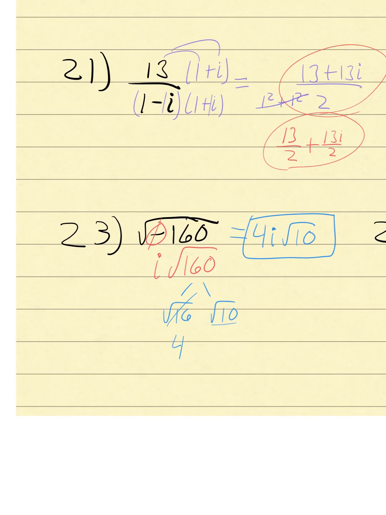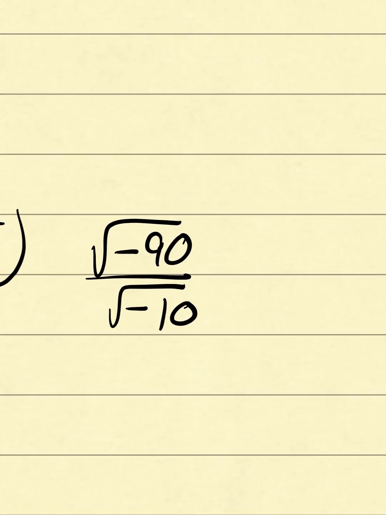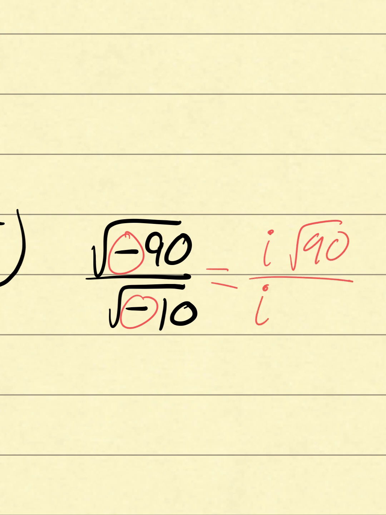All right, and I'll do one more with you guys. So let's try 25. Looks a little bit different, but still, it's going to be the same thing. We just want to simplify, right? We can take out the negative from the top and on the bottom, so we get i square root of 90 over i square root of 10.